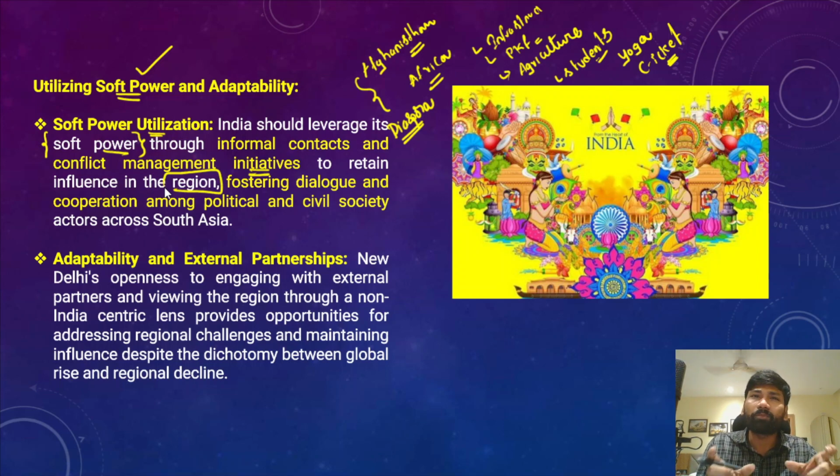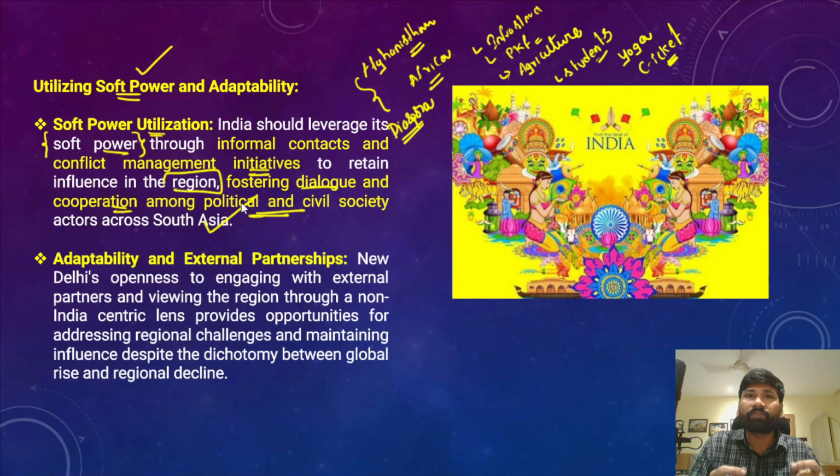And at the same time, we must foster dialogue and cooperation among the political and civil society actors across South Asia. So through regular dialogues and regular high level exchanges, we can improve our relations, we can arrest the regional decline of India, and we can further strengthen our soft power.